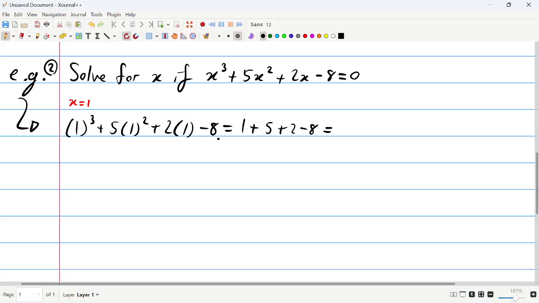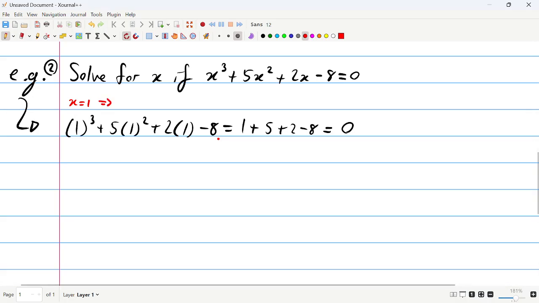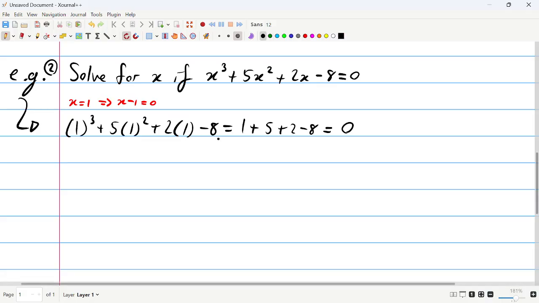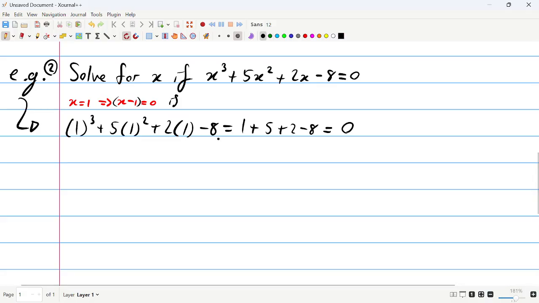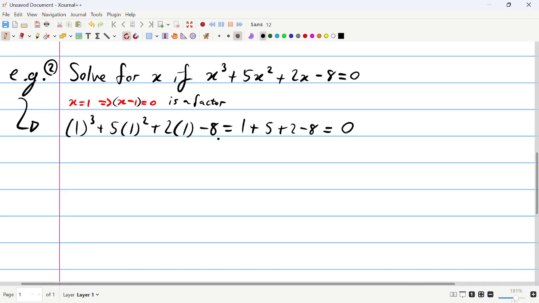So 8 minus 8 is just equal to 0. So therefore, we can say that x equals 1 is indeed going to be a root. So this implies to us that we're going to have x minus 1 equals 0. And then therefore we can say here that x minus 1 is a factor in this case.